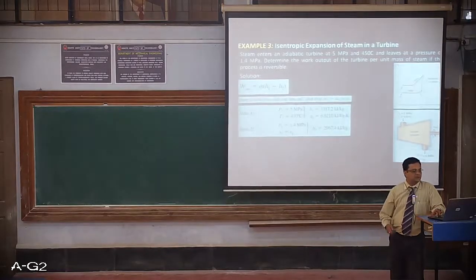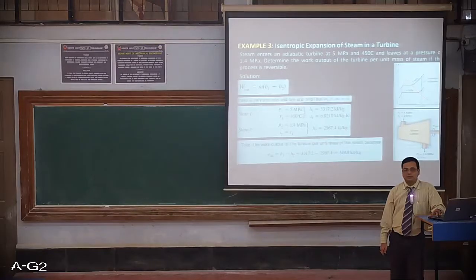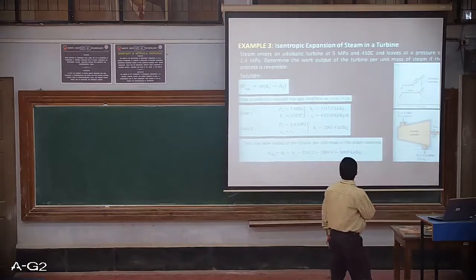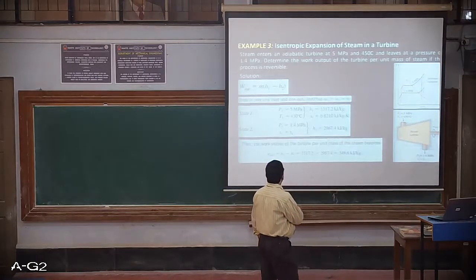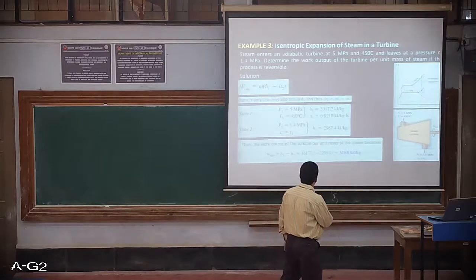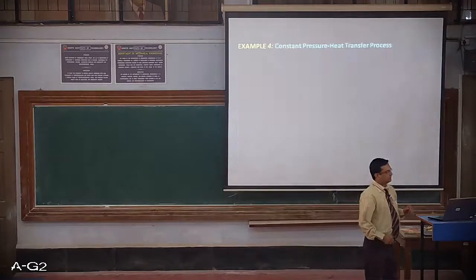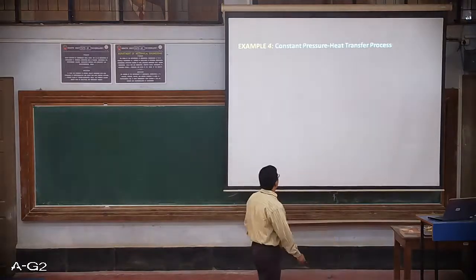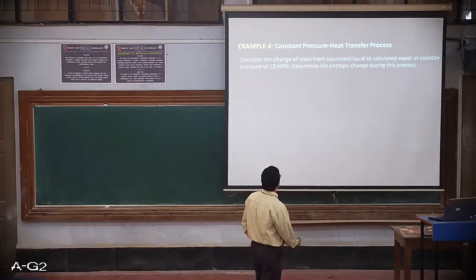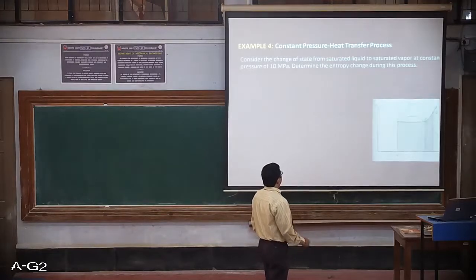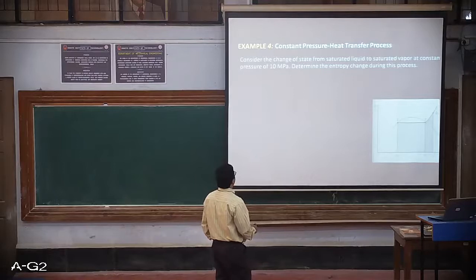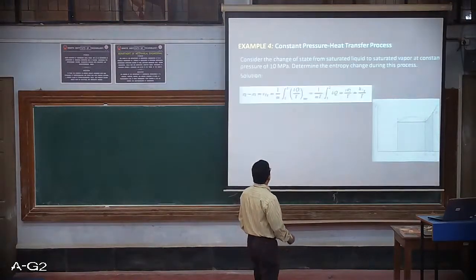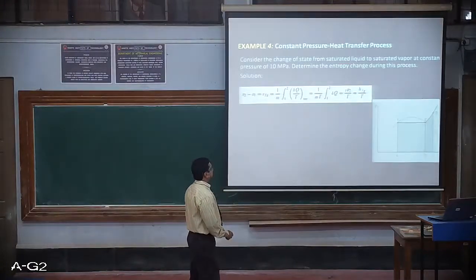It's not that we are just calculating the turbine work output, but we are using the concept of entropy from state 1 to state 2, and then we are calculating the work output. Of course, we also determined a constant pressure heat transfer process, where a change of state from saturated liquid to saturated vapor was considered, and we solved using 2 methods.